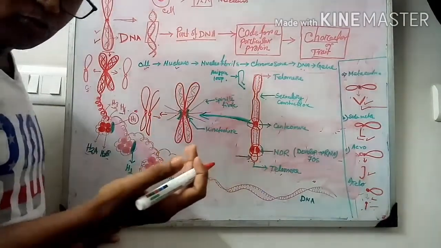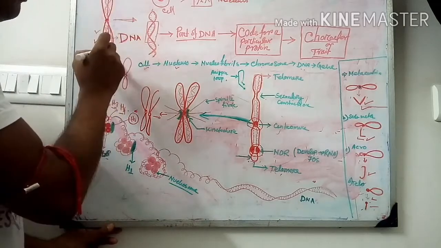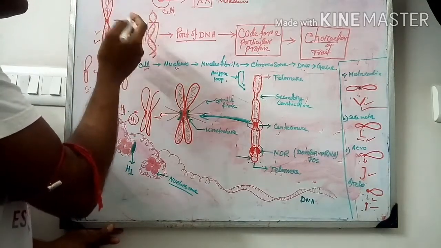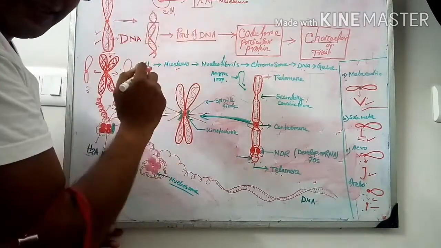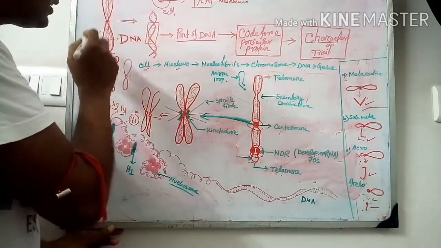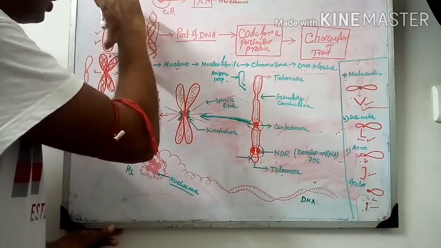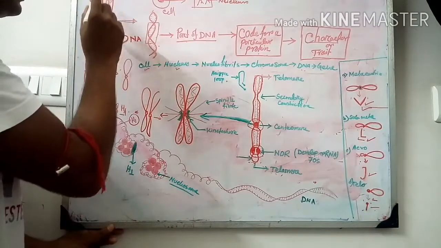What is a chromosome? In the metaphase chromosome, a chromosome is nothing but a structure present inside the nucleoplasm in a condensed condition. During cell division, they become shortened and the structure is very clear.